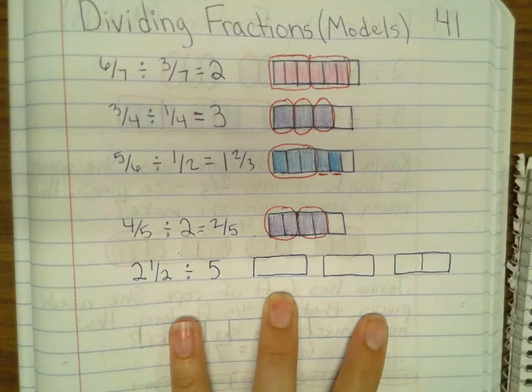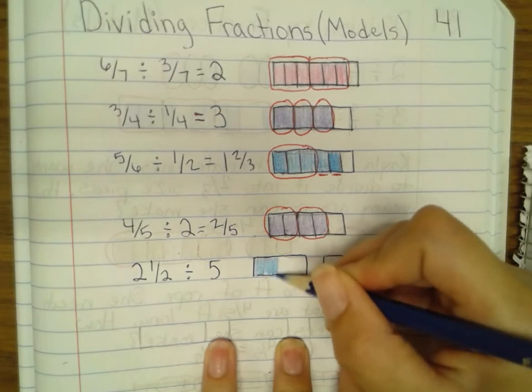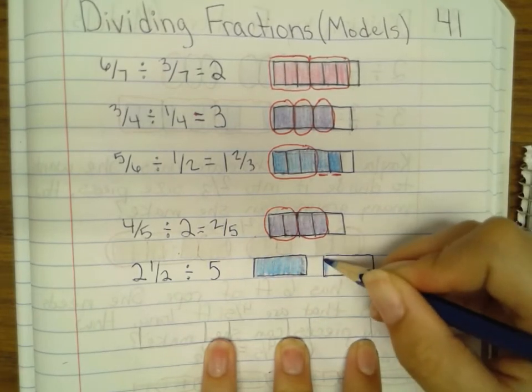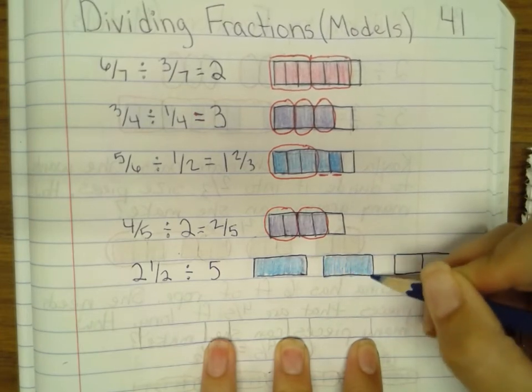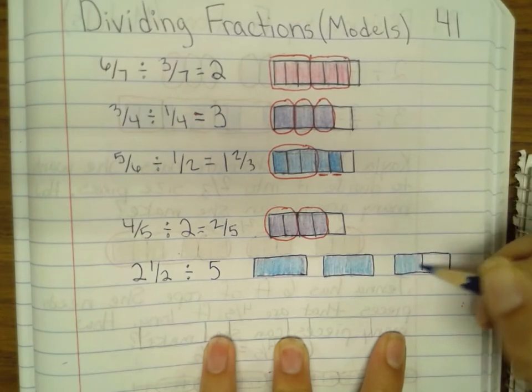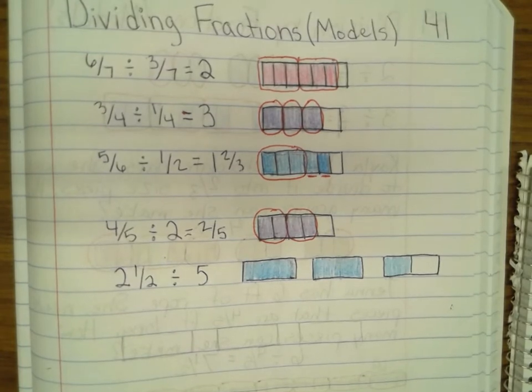So if I color 2 whole units and half of another, there's my 2.5, but I need to split it into 5 equal groups.